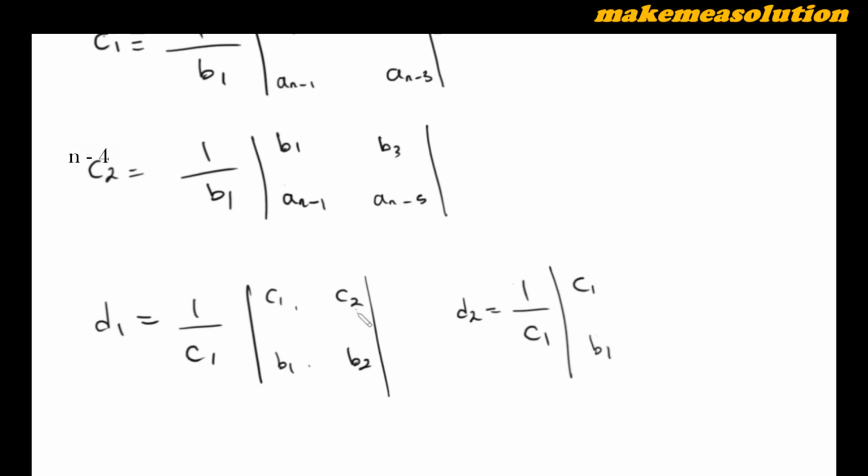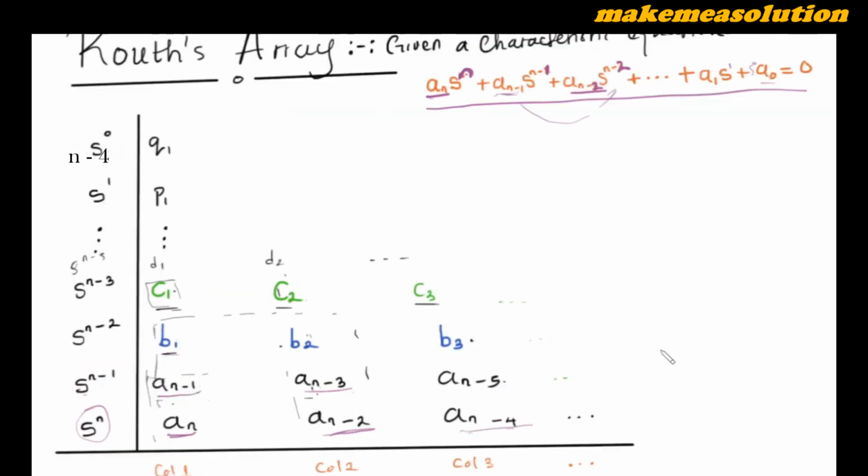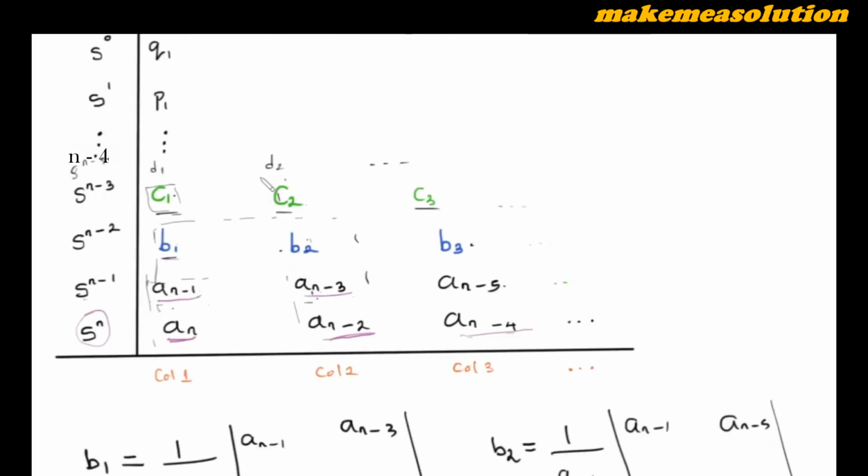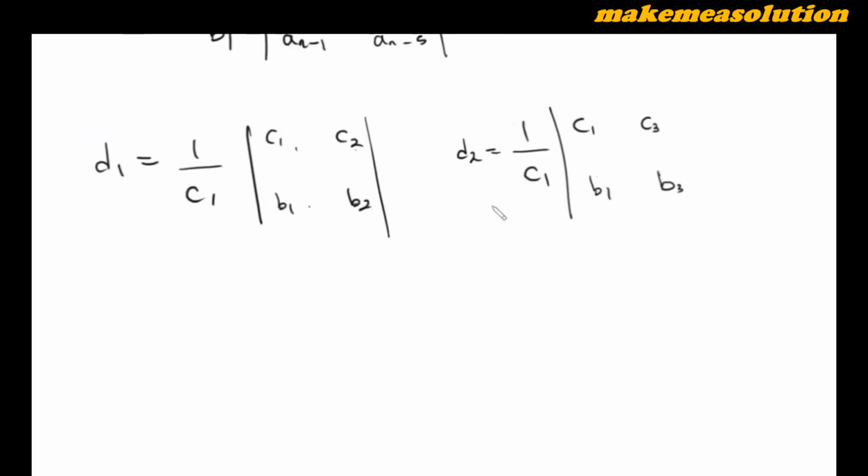Then instead of it to have C2 and B2 here, you will have C3 and B3. Is that okay? So that means for D2 you use this one and this one and this one and this one. So it keeps going like that until you find all the coefficients.